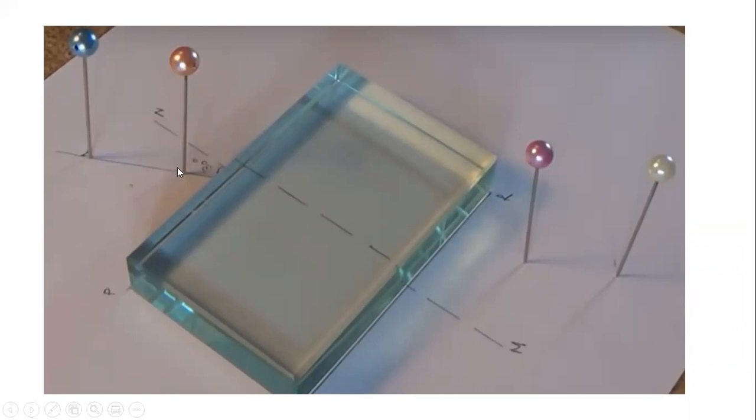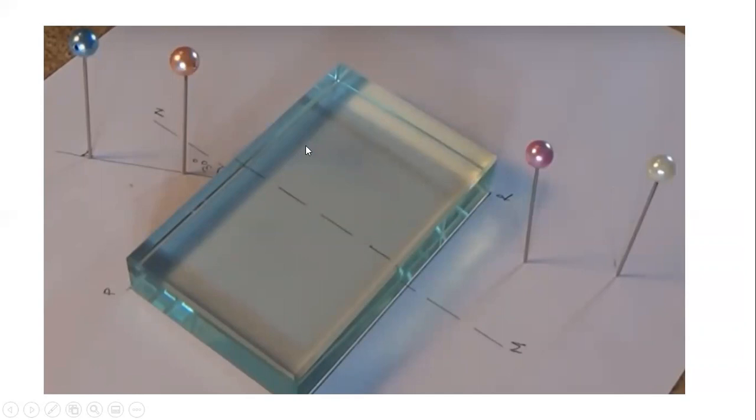Remember, these pins should be at least 5 centimeters away from each other. Then look from the other side of the glass slab at these 2 pins such that they are aligned in a single line, and along the line in which these 2 pins are aligned, put 2 other pins like this.